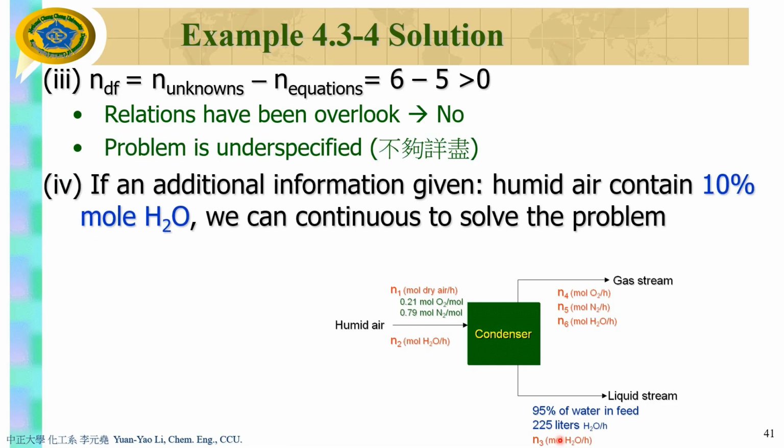Okay, so if I give you another specification, say if additional information given, humid air contains 10% water, that means what? That means N1 plus N2 times 10% equal to N2, right? Okay, so you can have number 6 equation. So you can get all these answers.